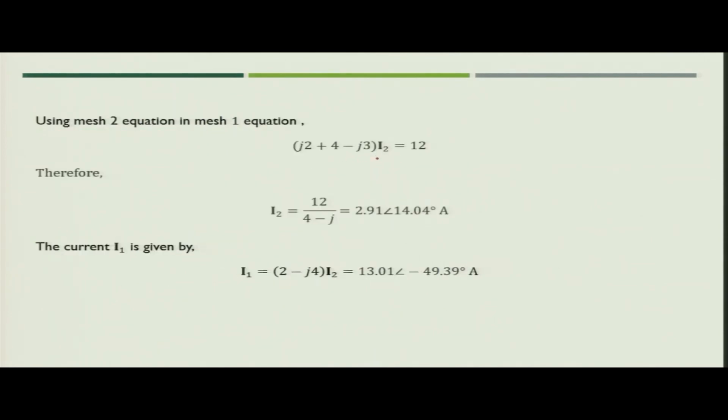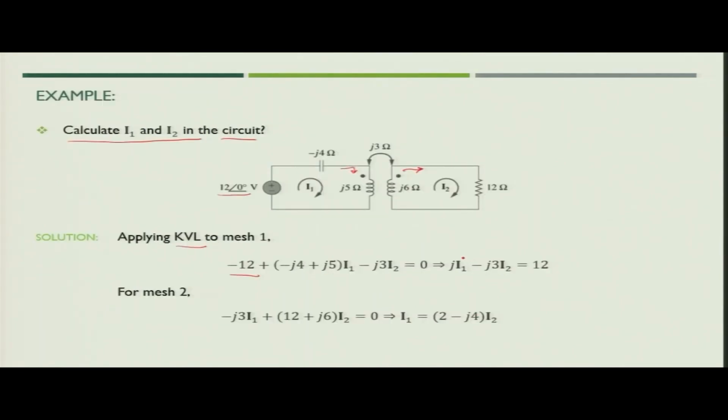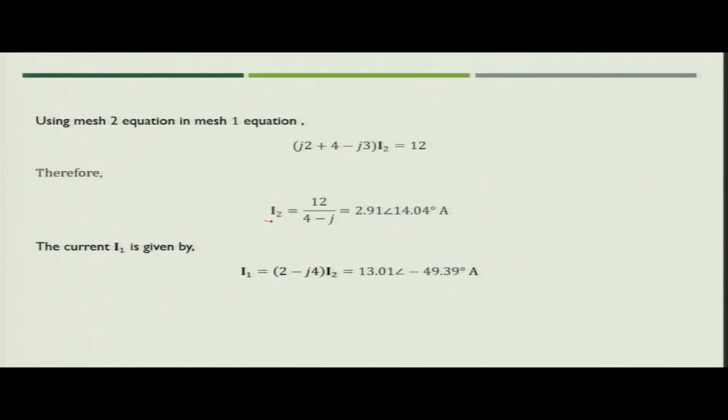So, you just put the value of I1 in the first mesh equation and simplify, and you get I2 as 2.91 angle 14.04, and I1, which is equal to 2 minus j4 I2, is 13.01 angle minus 49.39.